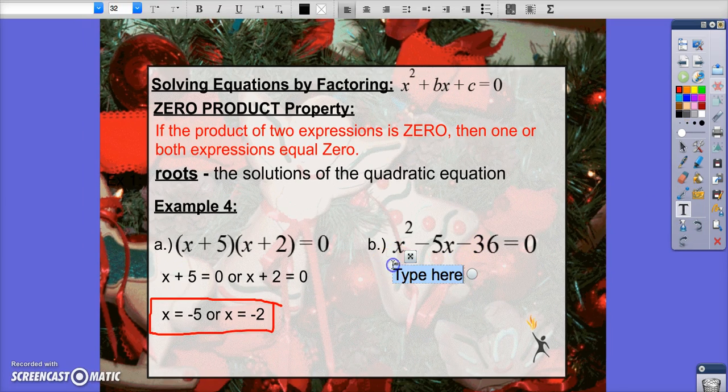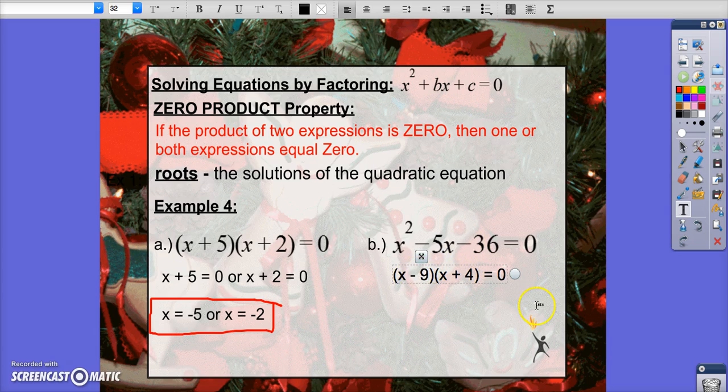Now in B, we have to sort of do it all together. So you might want to pause the video to see what you get. When I factor this expression, it is equal to 0. So on the left-hand side, you just have to factor. 9 times 4 is 36. Signs are different.